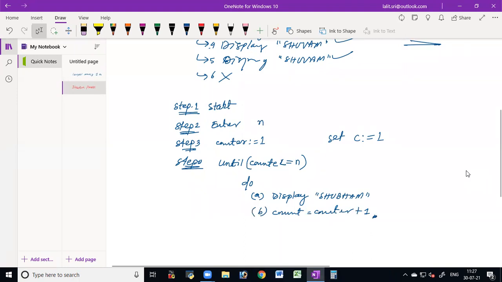This is the second sub step. Then step 5, stop.